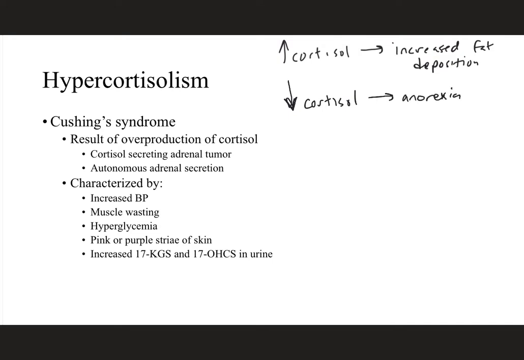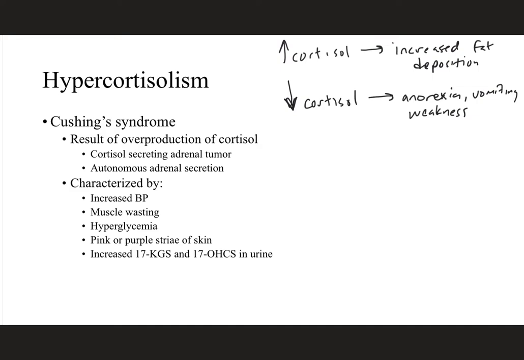You might have excessive vomiting, weakness, and mental confusion. People who have low cortisol levels have a hard time maintaining weight. People who have increased cortisol levels may be more on the obese side of things.